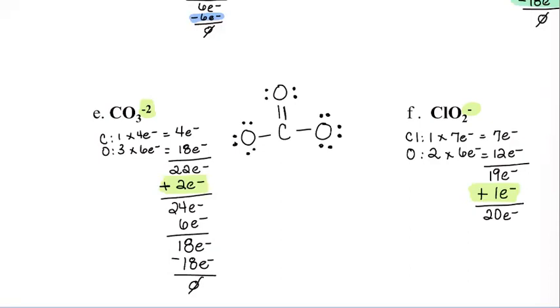Now, for any student that needs to take other chemistry classes in the future, whenever we have polyatomic ions, we typically put them in brackets, and outside of the brackets, we put the -2 charge. Okay. So this is for polyatomic ions. We tend to put them in a bracket, and then we put the overall charge outside of the brackets.